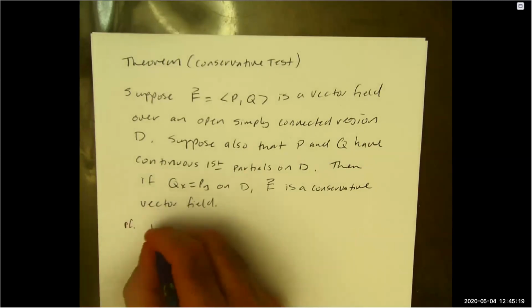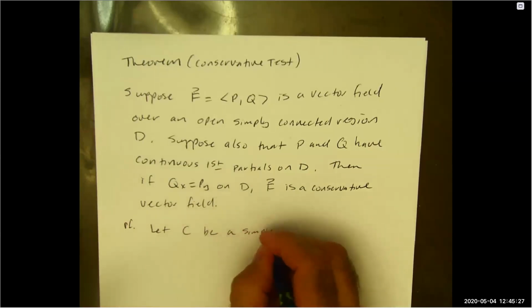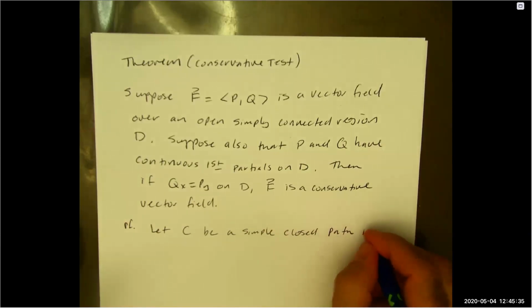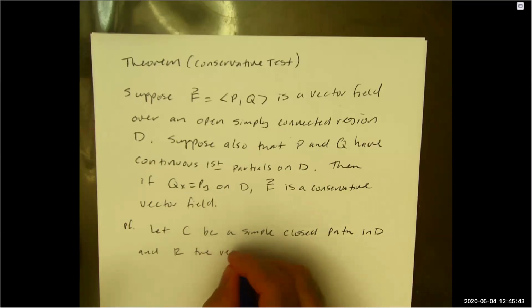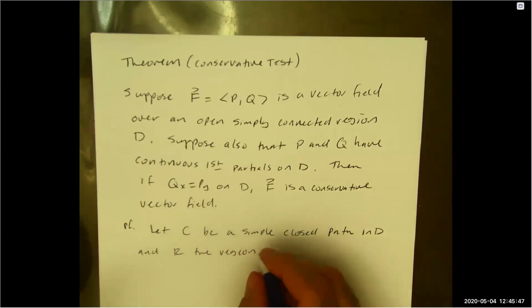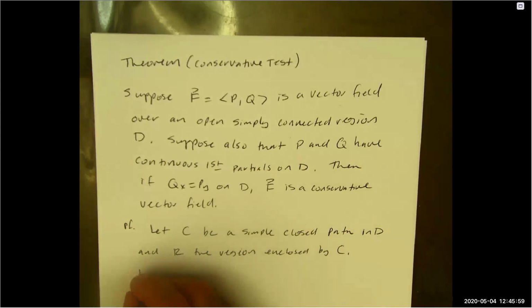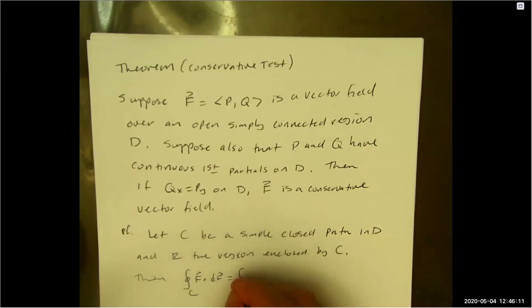All right, so let's do a proof here. Let C be a simple closed path in D, and R the region enclosed by C. Then if we look at this integral of F dot dr over C, this is the same thing as, in differential form, the integral of P dx plus Q dy.